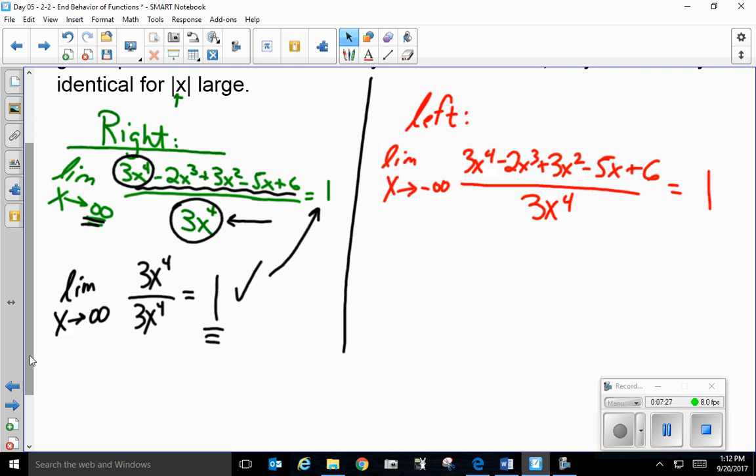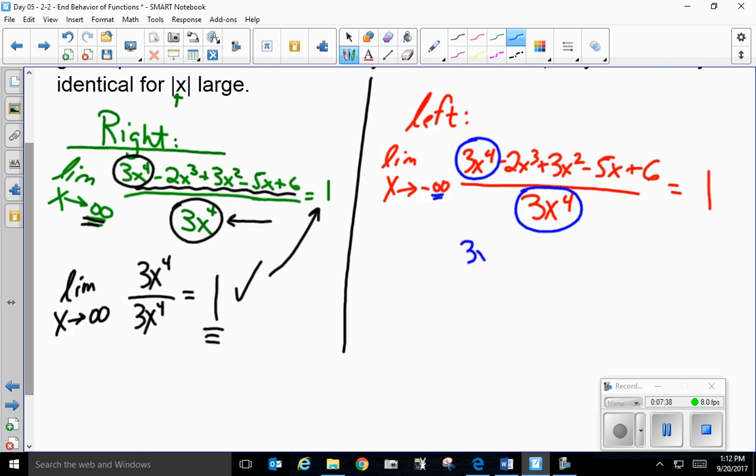And we do pretty much the same thing. If my x value is approaching positive or negative infinity, I keep the biggest term on the top, and I keep the biggest term on the bottom. So I have 3x to the 4th over 3x to the 4th. Anything over itself is 1. But what about as x approaches negative infinity?